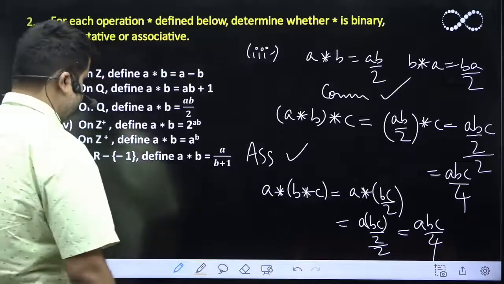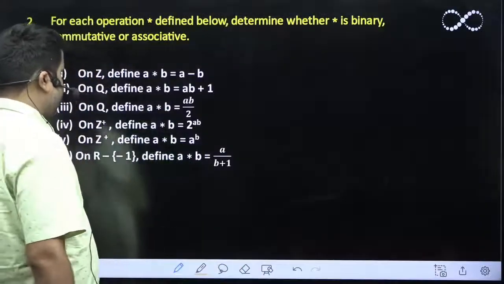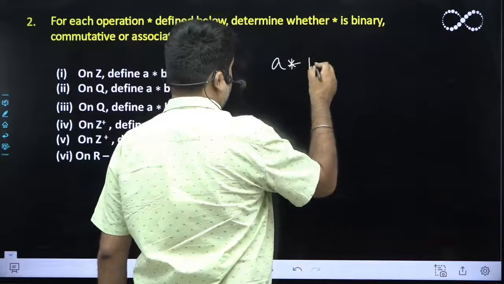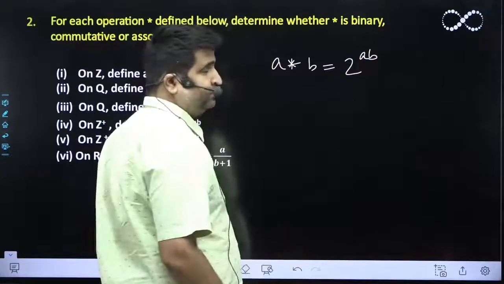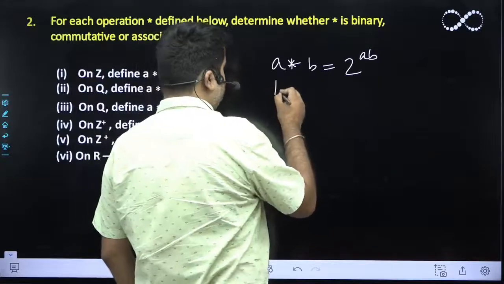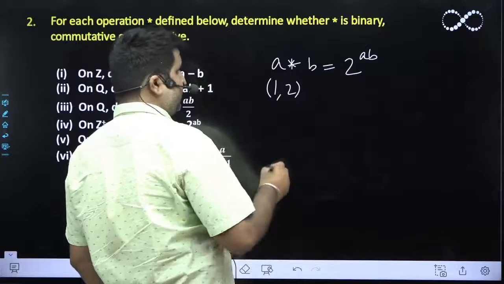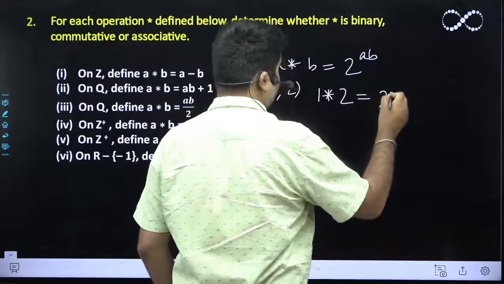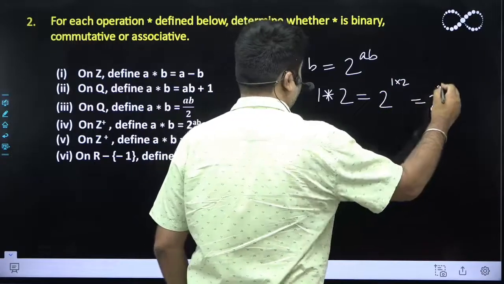Let's see the next problem: 2 to the power AB. Okay, so let's take an example, 1 comma 2. So we get 1 star 2, which is equal to 2 to the power 2, which is 4.